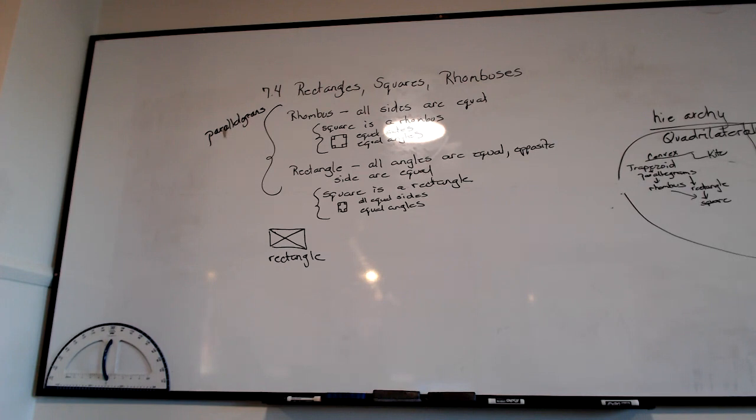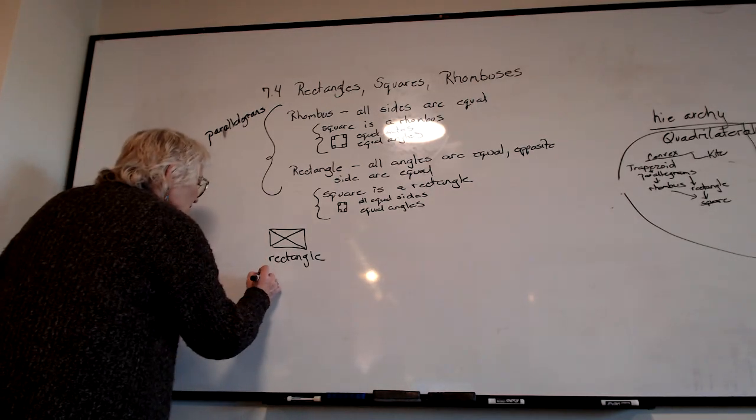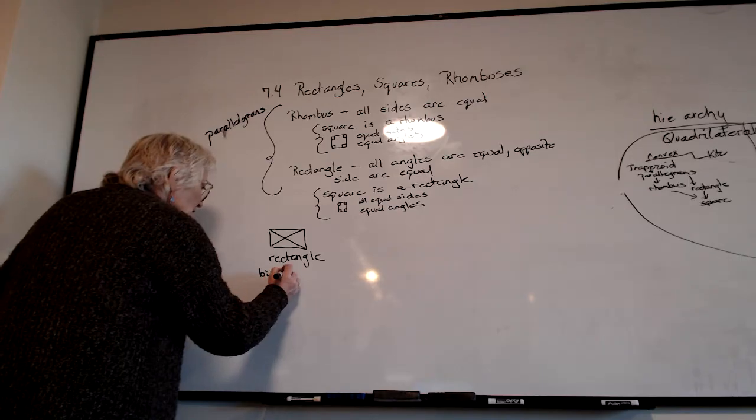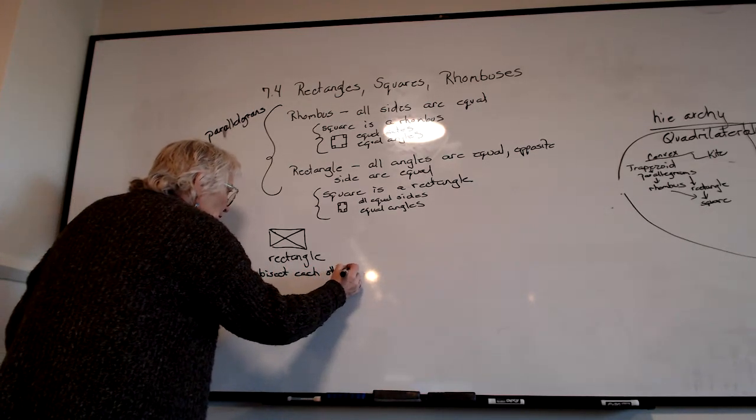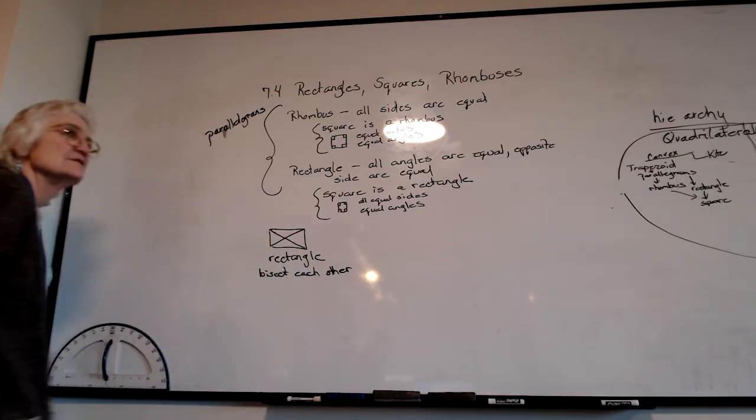If you drew that rectangle accurately, what's true about the diagonals of a rectangle? We know they bisect each other because it's a parallelogram. So they bisect each other. What else?